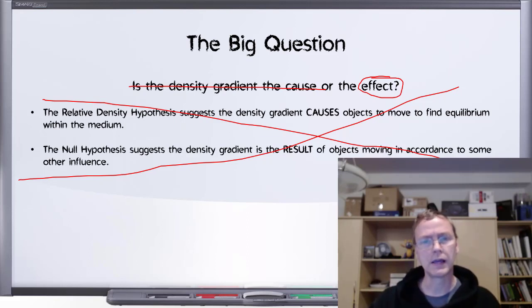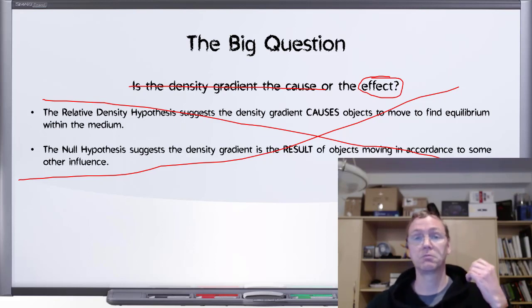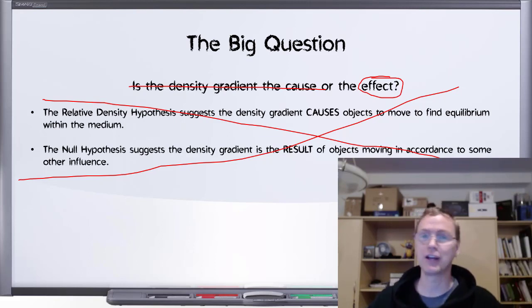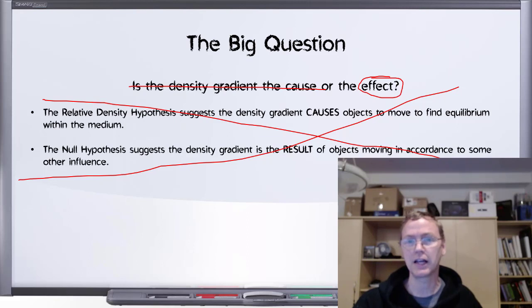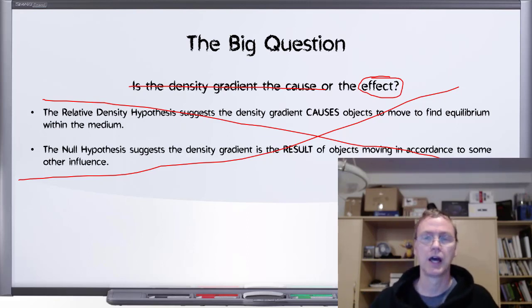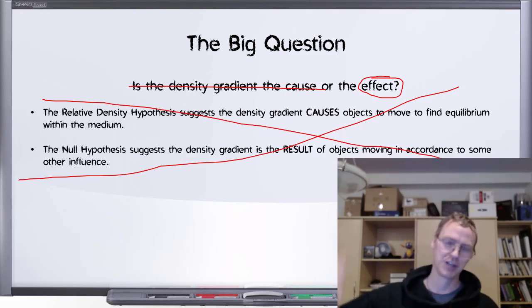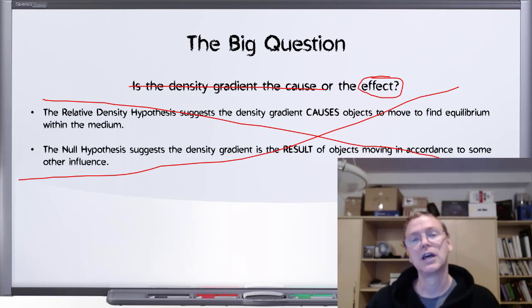In what way is relative density different from basic bog standard Newtonian gravity like they put in the physics textbook? For example, we could just do Riley's egg experiment, right? We could put an egg in some water and say, oh, look, it sinks, and we can add some salt and say, oh, now it floats. And then we could just declare that that validates our hypothesis, and we say, yes, that proves relative density.